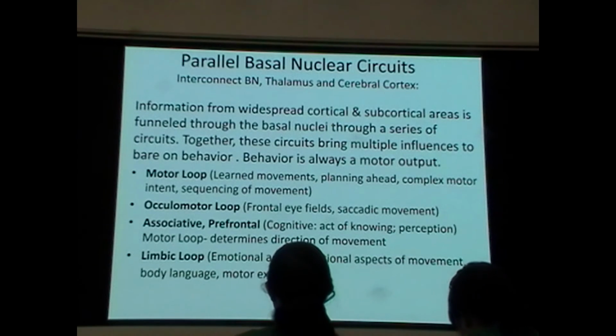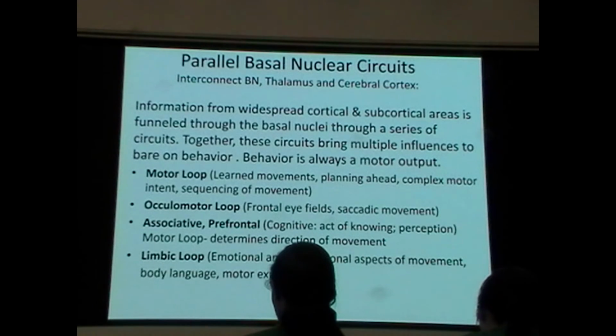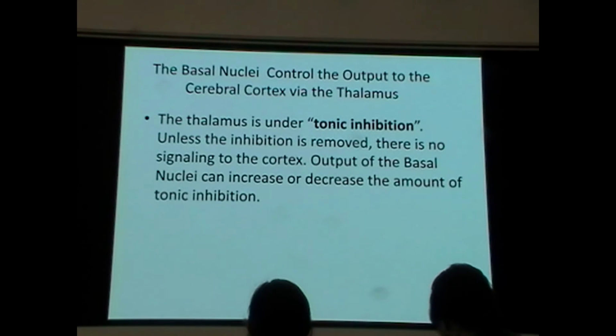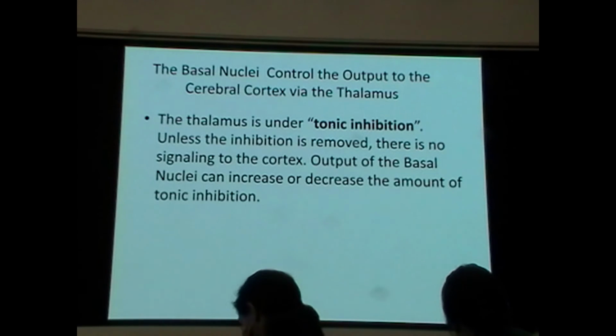All right, so how does this system work? And don't go crazy, it's complicated. But it's not that. The thalamus is an entity which is basically controlled under tonic inhibition. In other words, most of the time there's something restricting information going through the thalamus to the cerebral cortex.